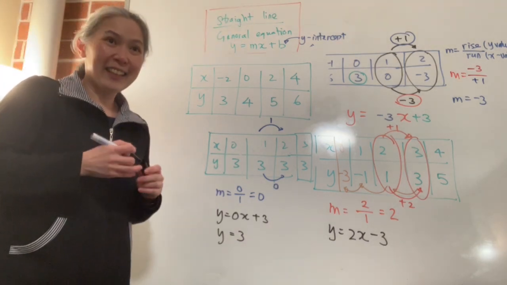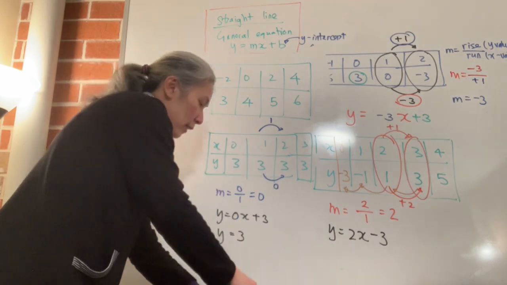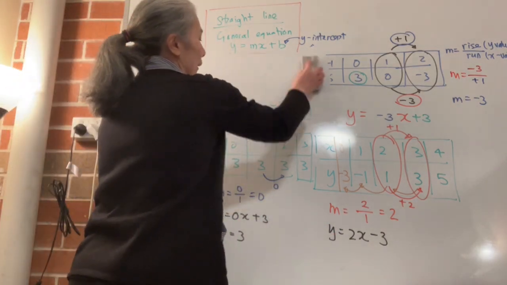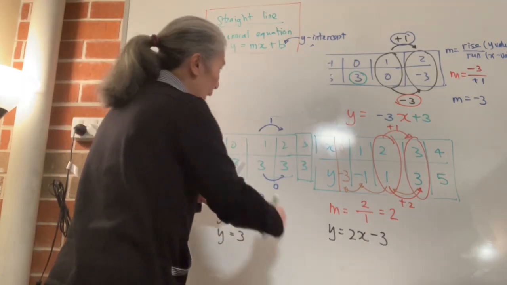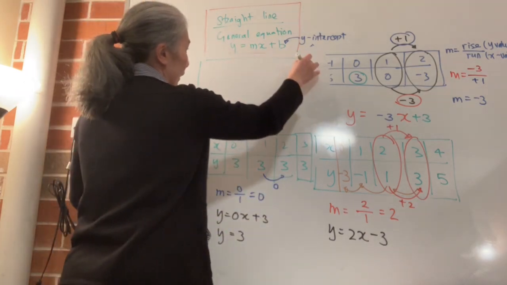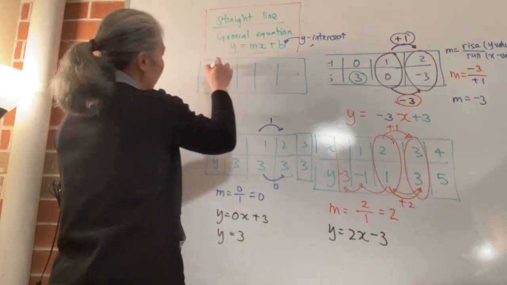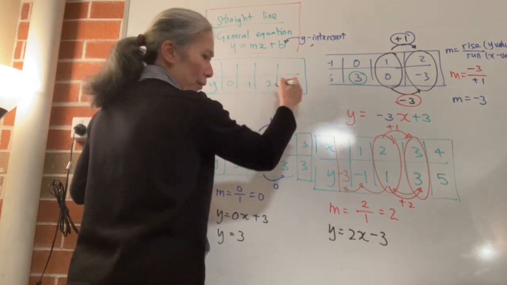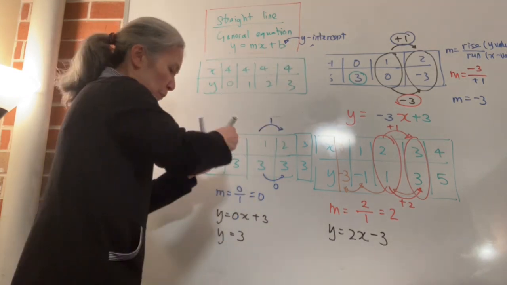Let's try again with question B, which is the next one. This one is an interesting one. You have x and y as 0, 1, 2, 3, and your x is here.